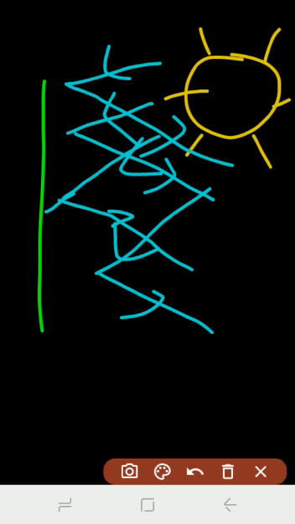Okay, so let me define reflection. Reflection is the phenomenon due to which a ray of light, after striking a surface, gets bounced back. This is called reflection.